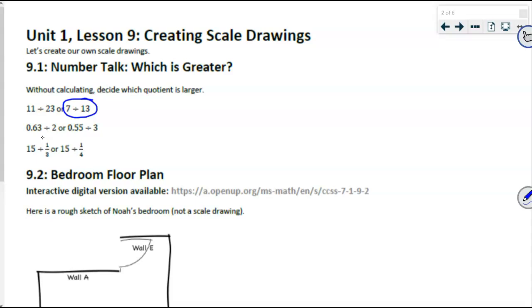Okay. Any other thoughts on how they came to that conclusion that 7 divided by 13 is larger? Let's go to Grant.